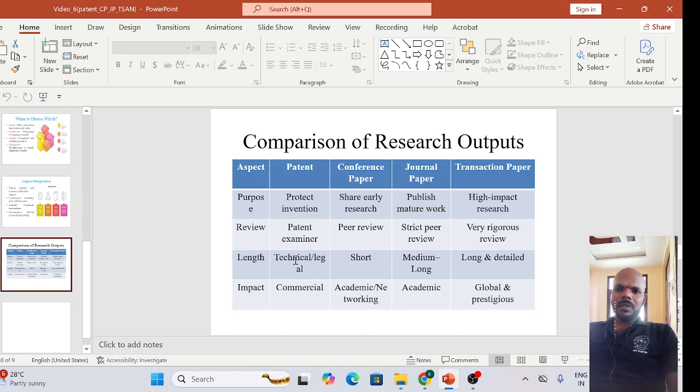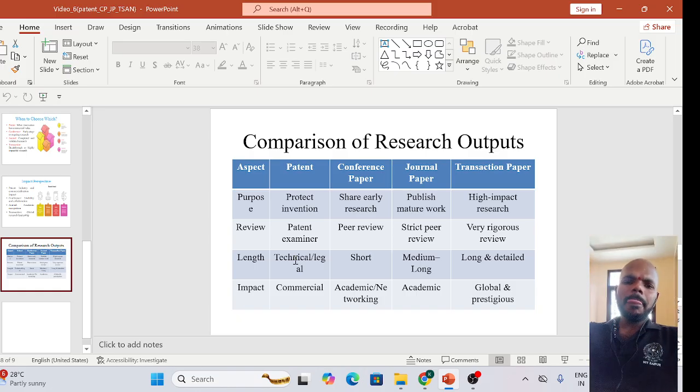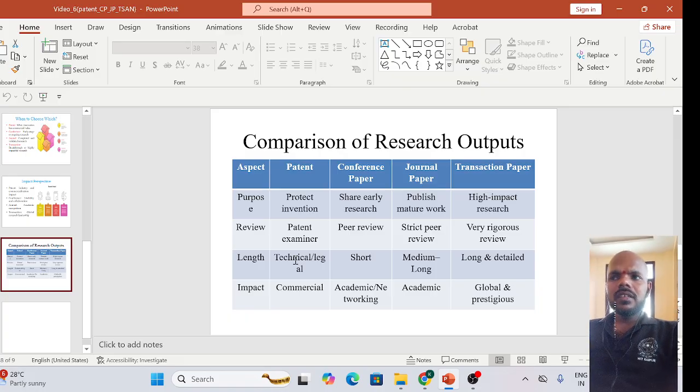Whereas a conference paper is a brief discussion or brief details of research, right? So a journal paper is a published mature work. I will tell you a simple example. Everyone uses a smartphone, right?